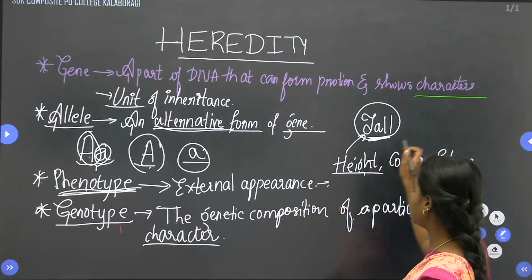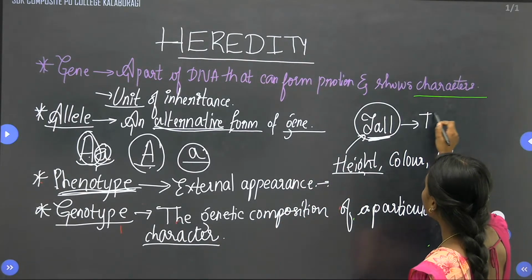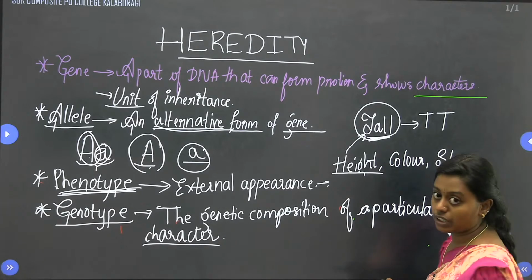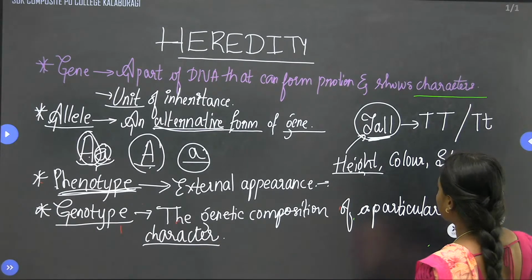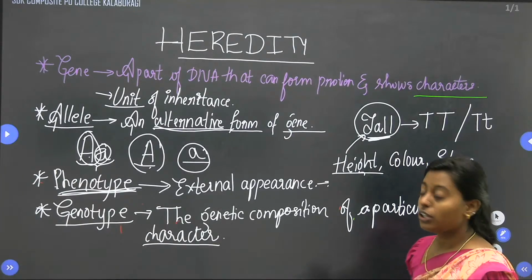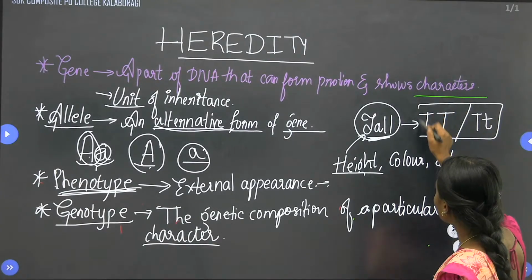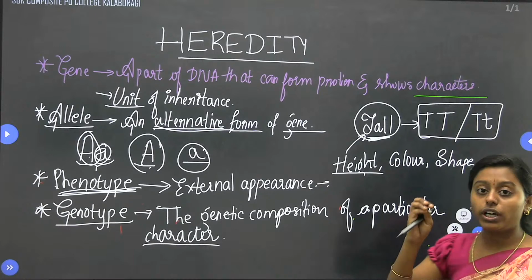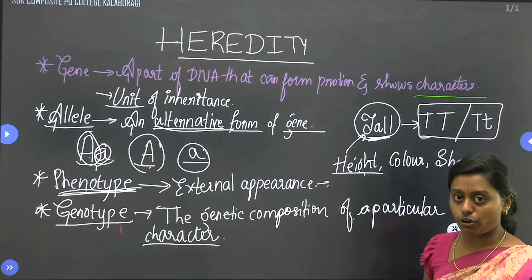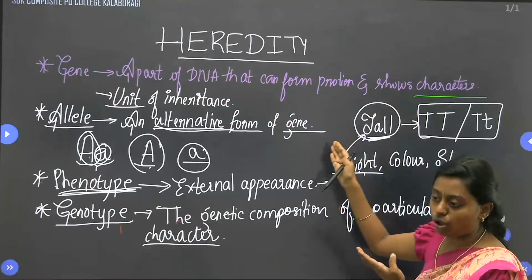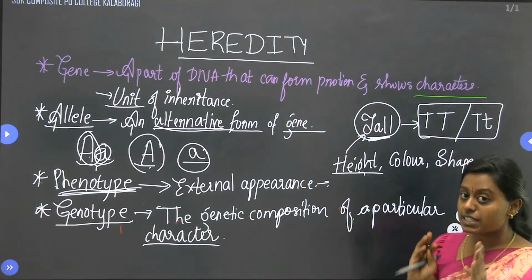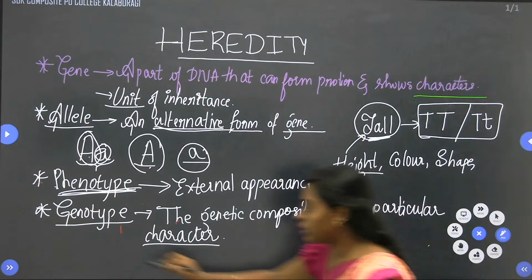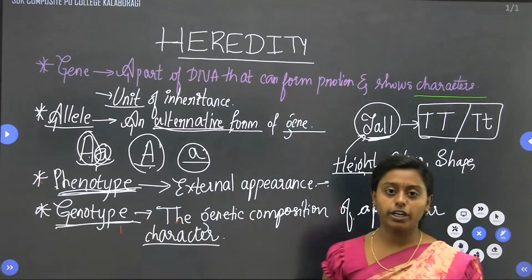So for tallness, genotype can be capital T, or it can also be capital T with small t. If we write the genetic composition, what are the genes responsible for appearance of tall or any other phenotype in an organism, then such genetic composition we can name as genotype.